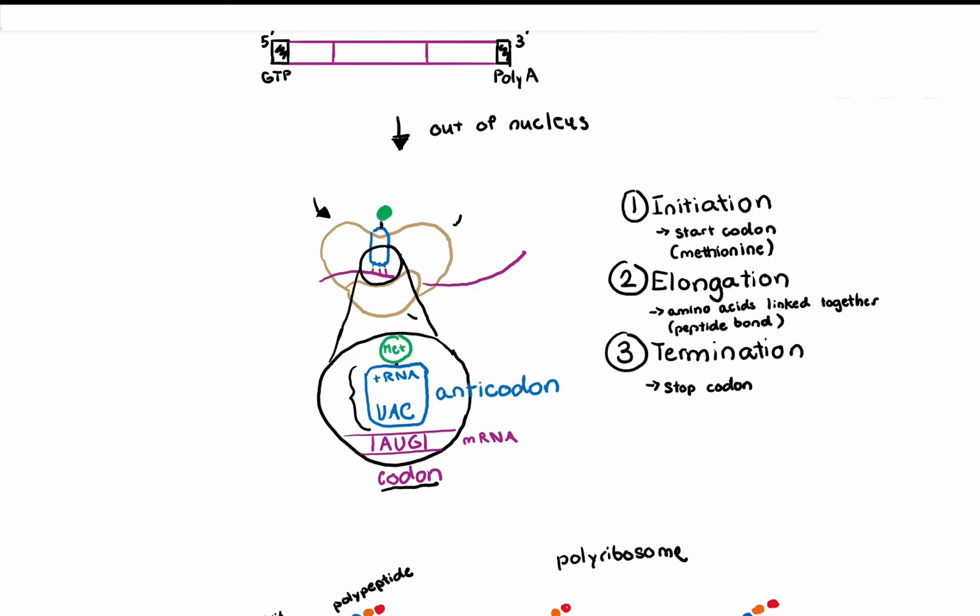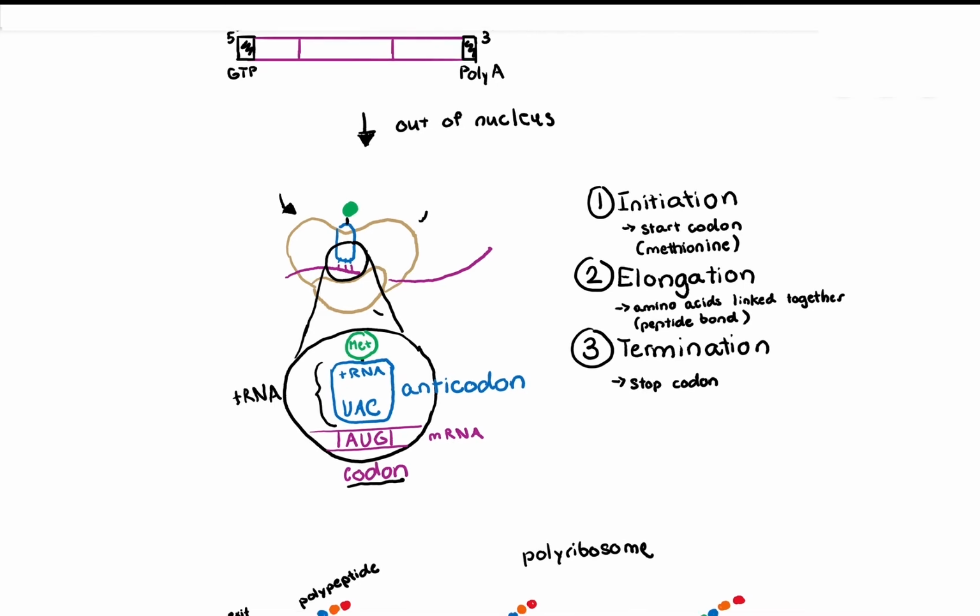Now if you look here, you also have a second part. This second part is called tRNA, or transfer RNA. What it does is it takes the anticodon, the complementary base pairs for the codon in the mRNA, and it creates the anticodon, which then corresponds to methionine. In this case, UAC is methionine.